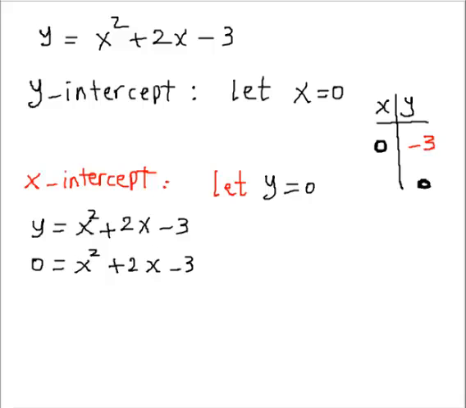Sean says plus 3. How did you find plus 3? How do you solve for x here? To solve for the x-intercept, you let y be equal to 0 and you solve for x. That's the question right here. And Sean, you're saying 3, I'm not sure how you get 3.